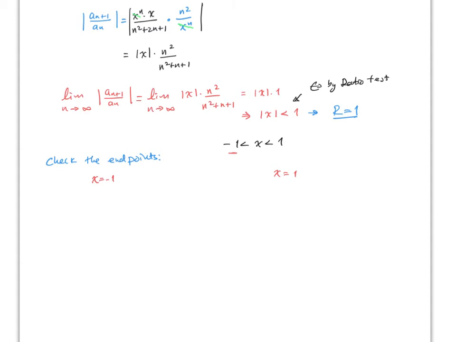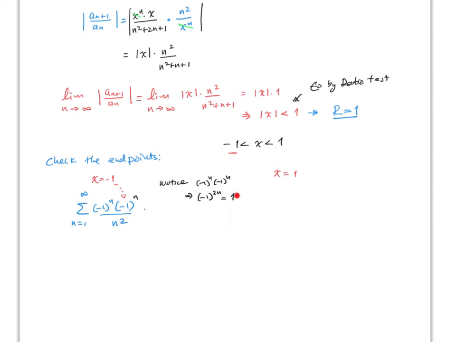So we have to go back to the original problem, and at -1, this is what we have. We have the summation from n equals 1 to infinity of -1 to the n, and then if x is -1, this will be negative x over n squared. Okay, so all you have to do is literally plug in x in here. Now notice that the -1 to the n, the same thing as -1 to the 2n, which is going to be always 1, because this is even.